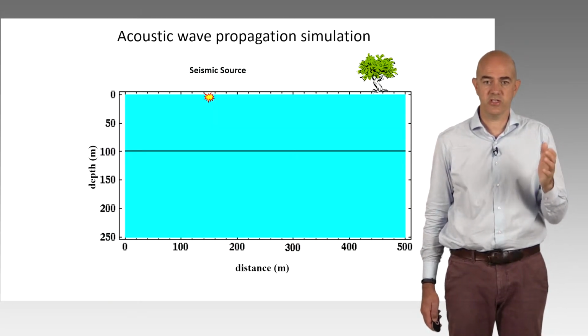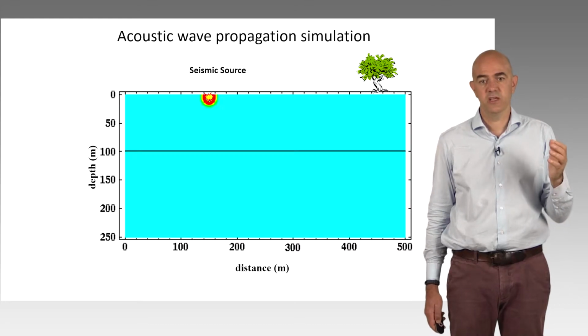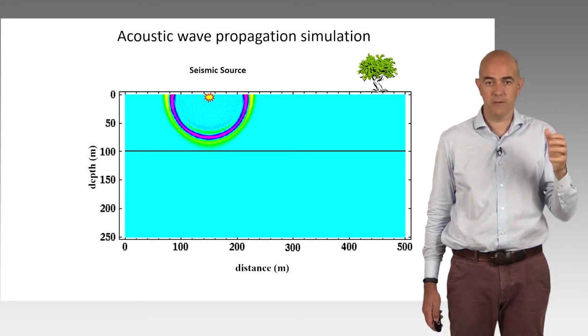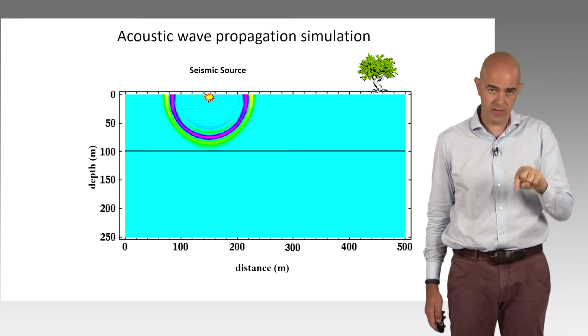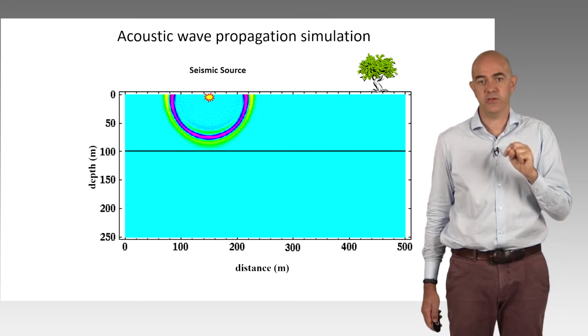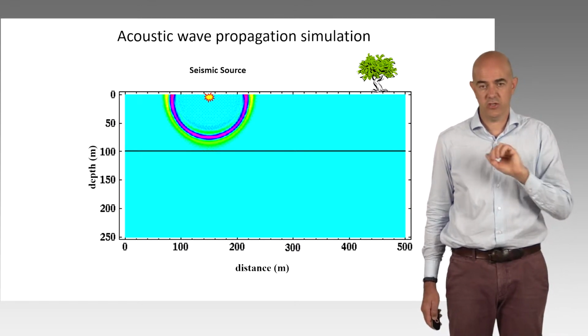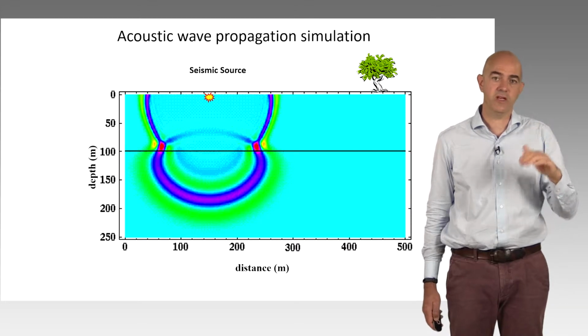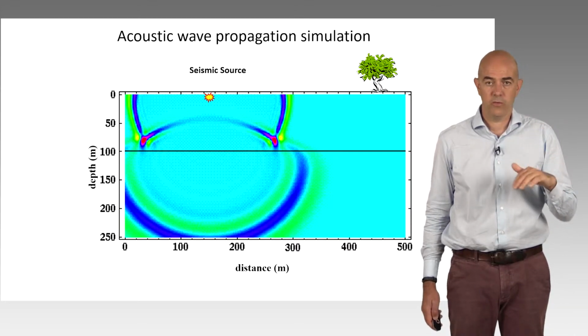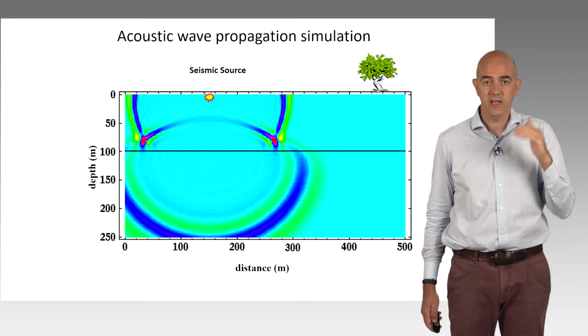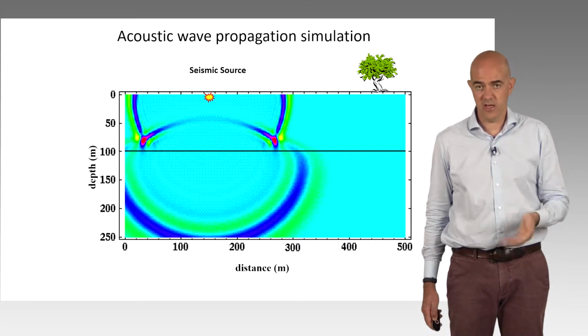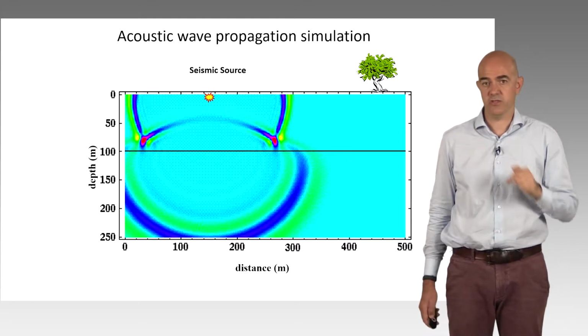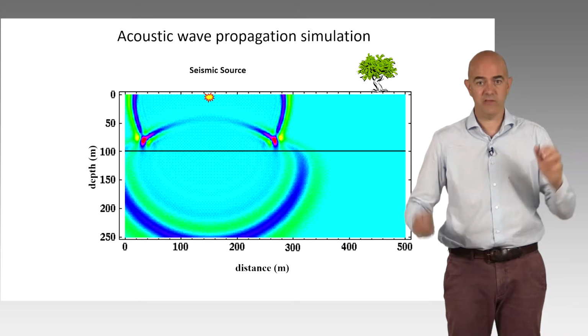We have a seismic source at the surface, we activate the seismic source, and we have the wave field propagating down. This is the direct wave that goes down into the earth, but also parallel to the surface. As soon as we touch the interface, we have a reflected wave that will come up to the surface with the same velocity in the overburden and a faster velocity in the layer below. So the angles will change because of the higher velocity and the different shape of the waveform.